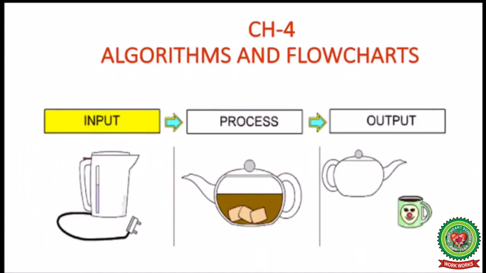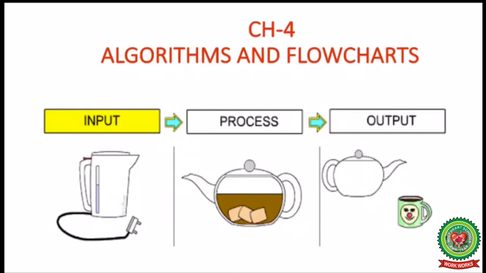Here is an example of the tea making process. In the input, we have an electric kettle that is filled with water. The kettle is plugged into the electrical socket and then switched on. Now in the processing, we have the teapot.